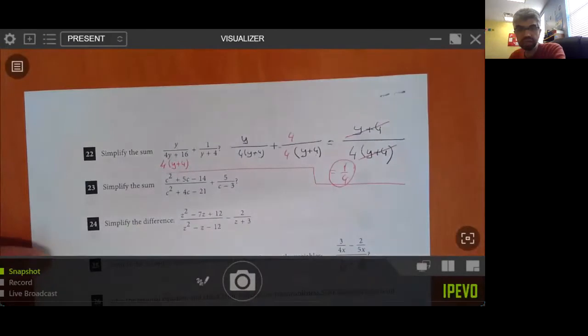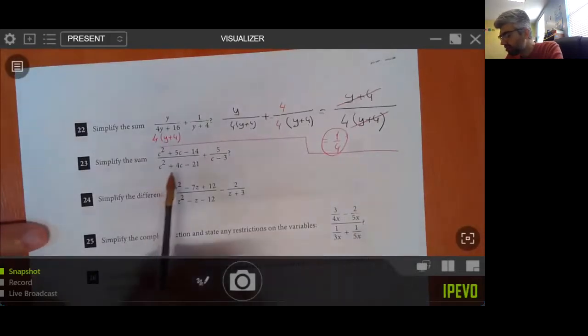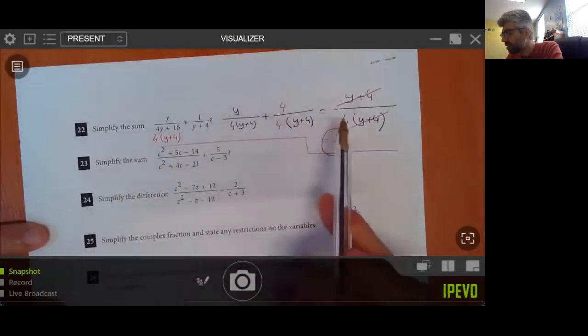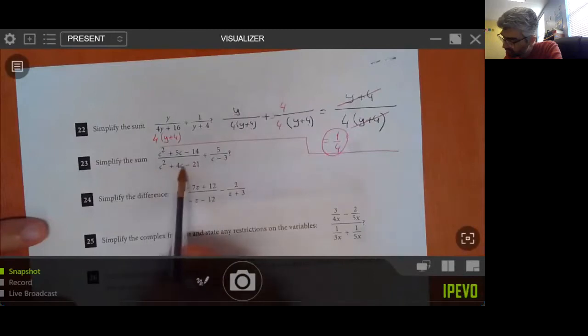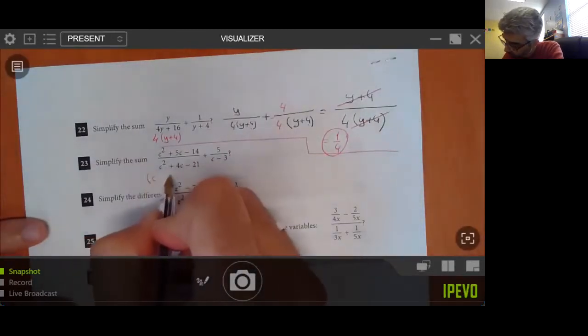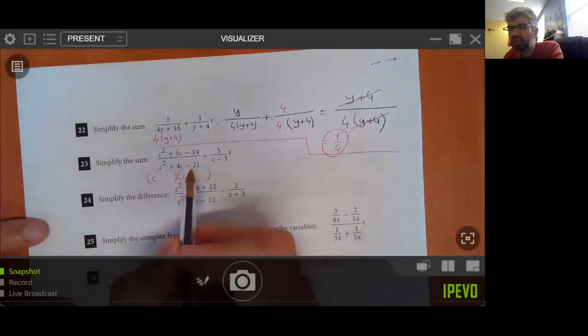It is number 22. Now, number 23, simplify the sum. Basically, we did how we made the sum and then we simplified. So we have to find the common denominators first. Here we have to factorize the denominator. Let's do it. 21 are 7 and 3, right, guys?